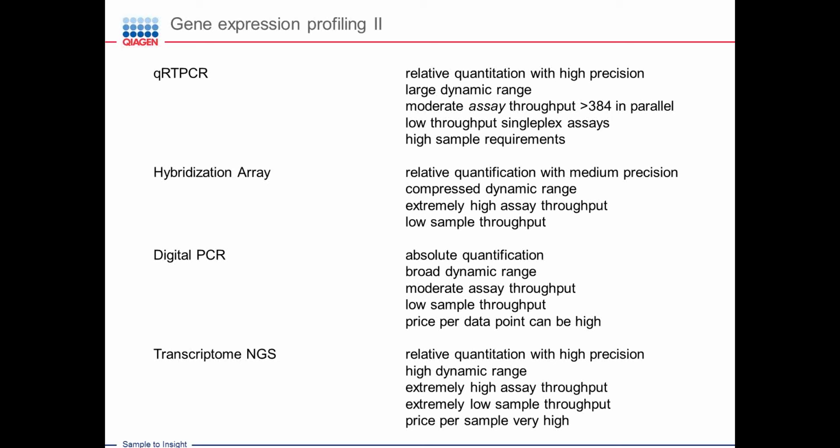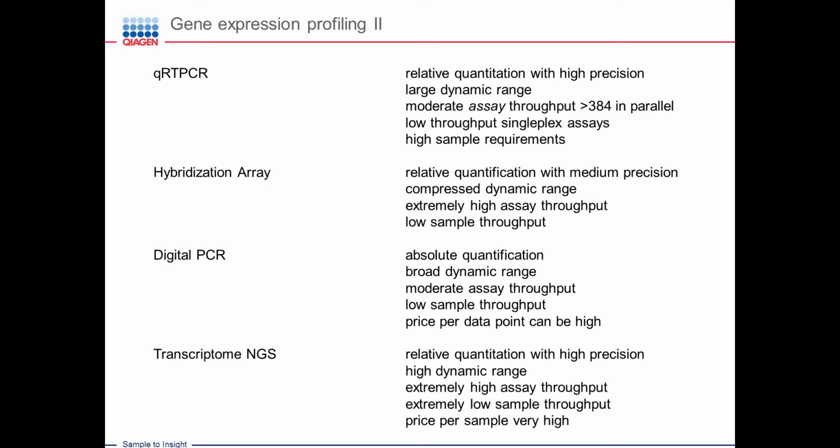So you're not doing typically thousands of samples. You're doing a relatively small number of samples at a time, but looking at lots and lots of targets. And people are still obviously still doing hybridization arrays as screening tools, finding candidate genes that are interesting for their system, and then looking at the differential expression of those genes in higher sample throughput, still typically by qRT-PCR.